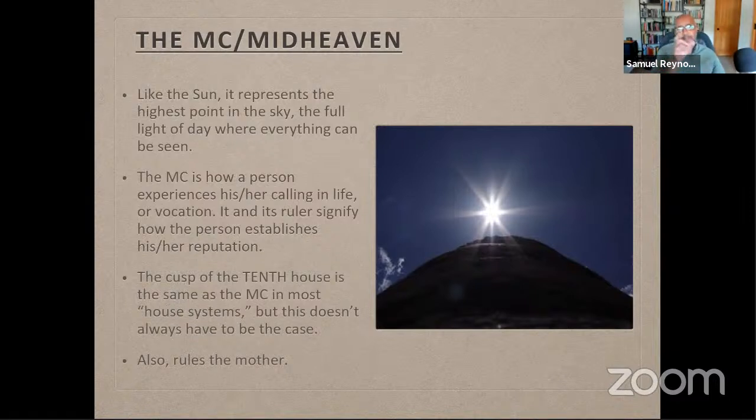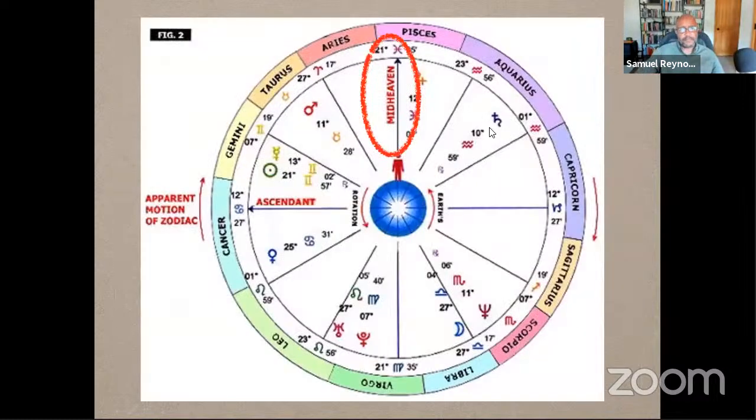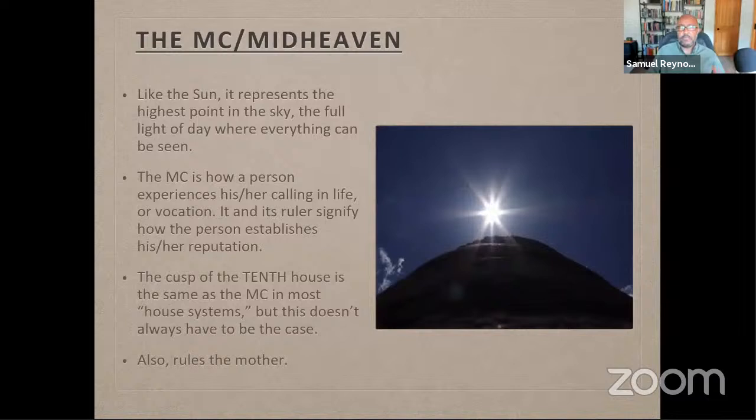Now, remember what I said, the MC is in the southern hemisphere. So it's the zenith point related to the world that's unfamiliar, that's external. So classically, the midheaven was also the house or signification related to the mother. Now, for those of you who have at least a passing familiarity with astrology, especially if you've been paying attention to books from the 20th century, you will be struck by this because you're like, no, I thought it represented the father.